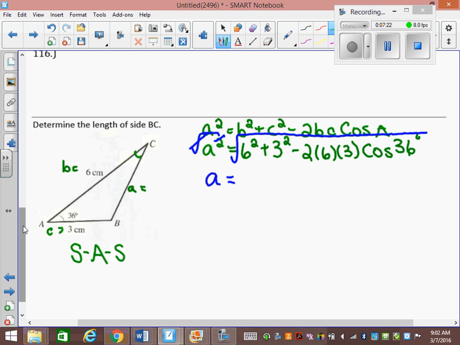The other thing about calculators, which I'm sure has been told to you before, is these calculators are only as good as the operator, so you need to put them in the way that it says. So how do you say this? You say 6 squared plus 3 squared minus 2 times 6 times 3. Do you say negative 2 or minus 2? You say minus 2.